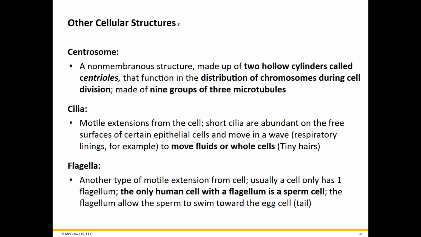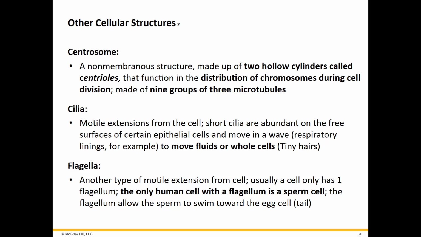They move in a wave pattern, like when everyone does the wave at a baseball game. Imagine the cilia that line the inside of your lungs pushing stuff in and out, or along the throat, helping to push things along. There are many, many little tiny hairs that move fluids or whole cells.